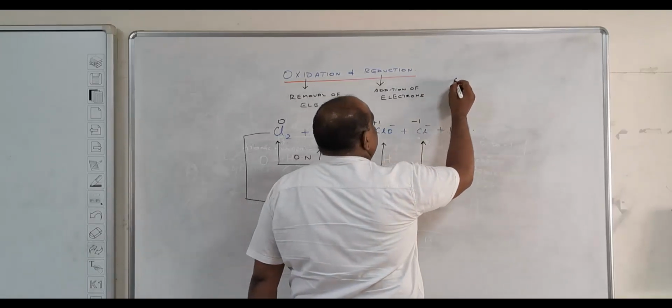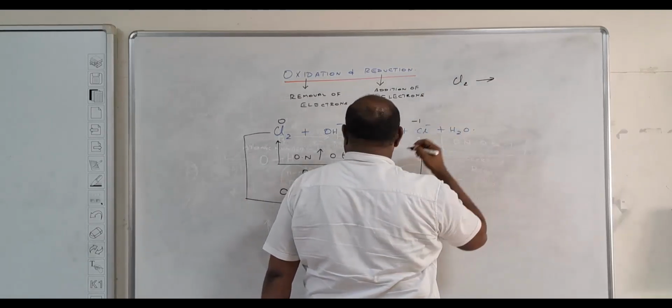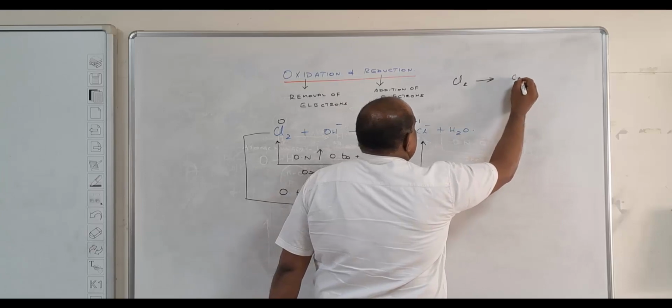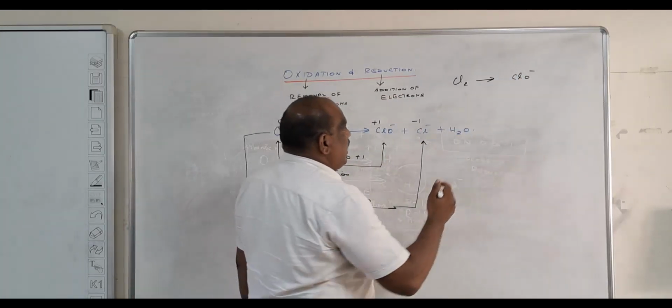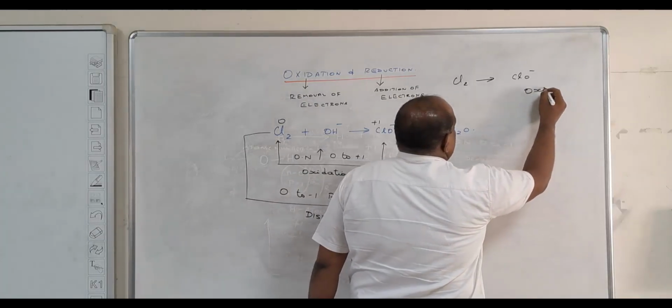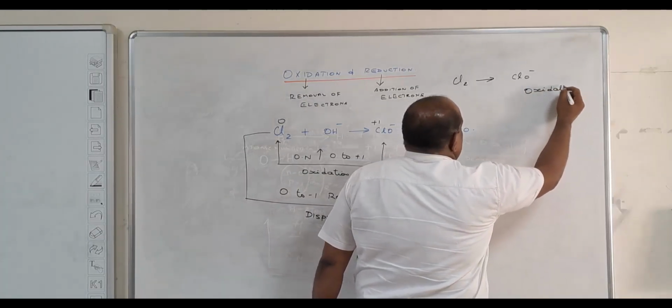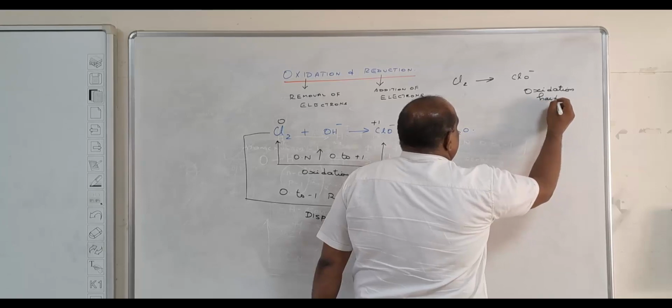So here you can see chlorine becomes what? ClO minus. This reaction is called as what? Oxidation, and it's called oxidation half reaction.